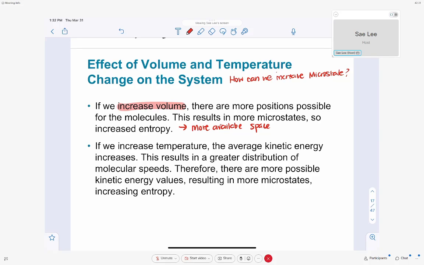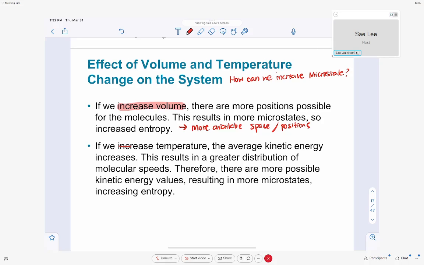Molecules can be here, can be there, all over the place. Because of this increase in space, you now have more possible arrangements of molecules available. In other words, you have higher microstates, which as a result will increase the entropy.